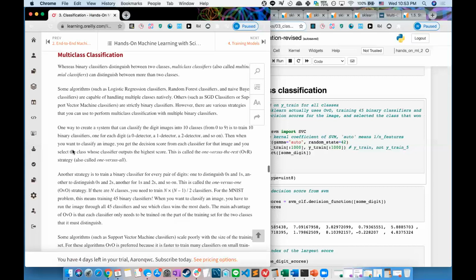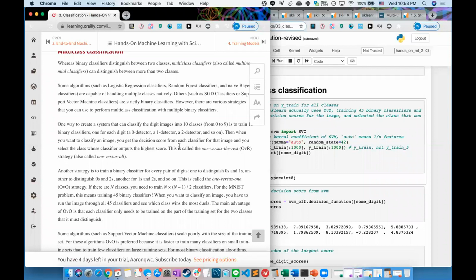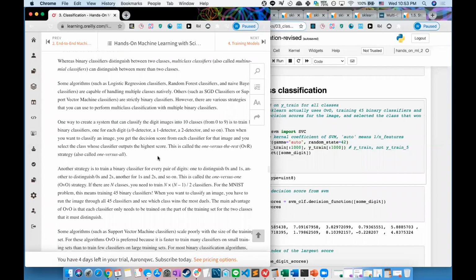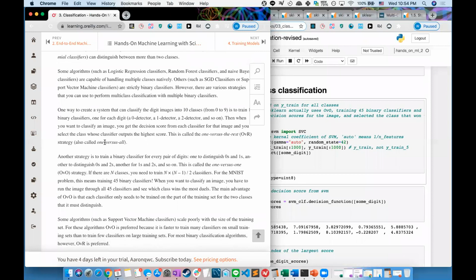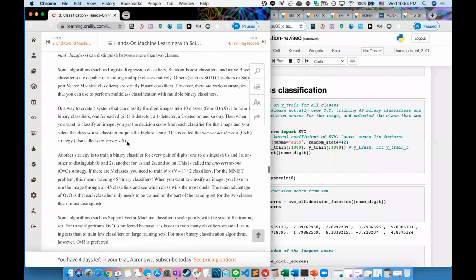And then when you want to classify an image, you get the decision score from each classifier for that image, and you select the class whose classifier outputs the highest score. This is called the one versus the rest strategy, also called one versus all.